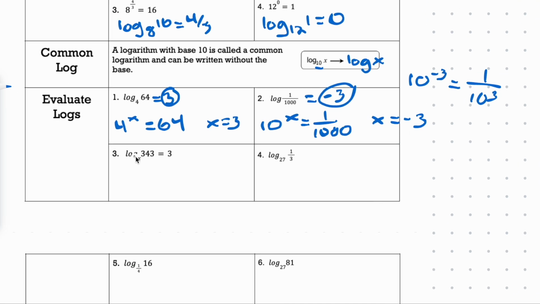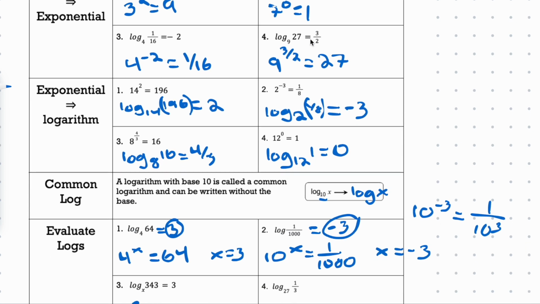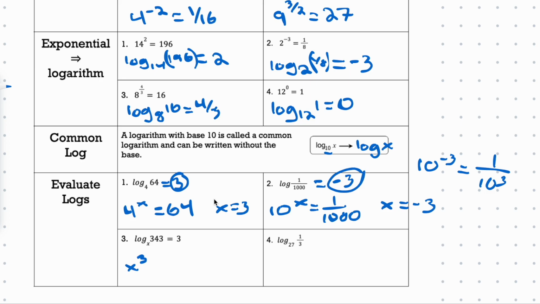Okay, what about here? We have log base x of 343 equals 3. So we're saying x to the third power, right? This is just translating here to here. x to the third power equals 343.